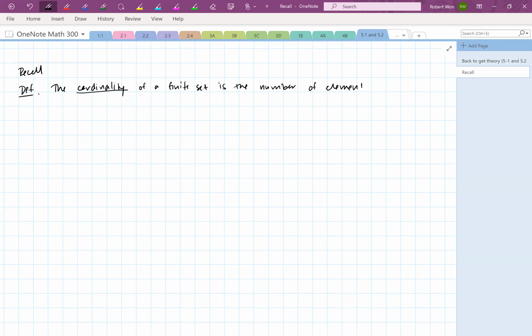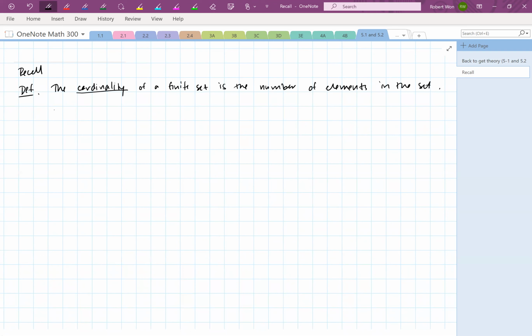Okay, recall also that we defined the cardinality of a set. So the cardinality of a finite set is just the number of elements in the set. Okay, so if you have an infinite set, you just say it has infinite cardinality.